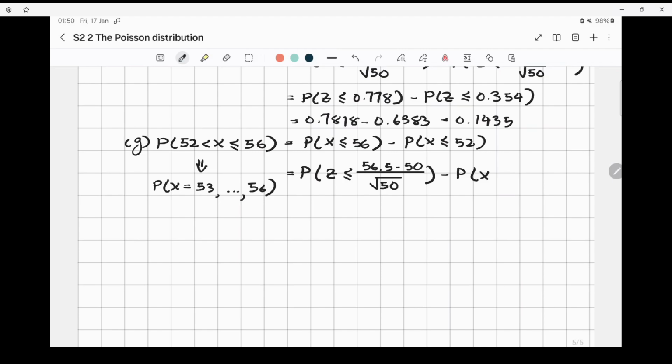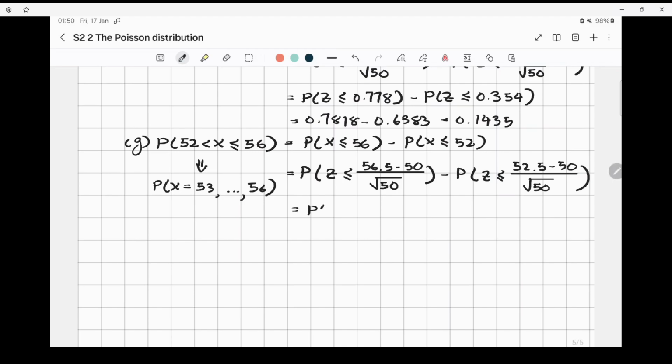Of course, there are other ways to do it, but I personally find that if you have a very specific way of writing down the exact same equation, you won't get confused. So this is 56.5 minus 50, and then 52.5 minus 50.